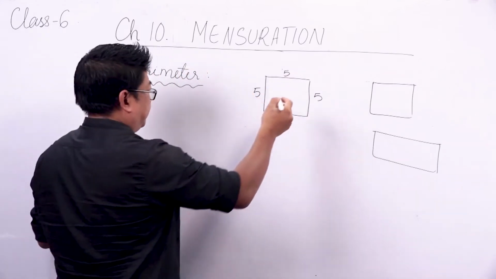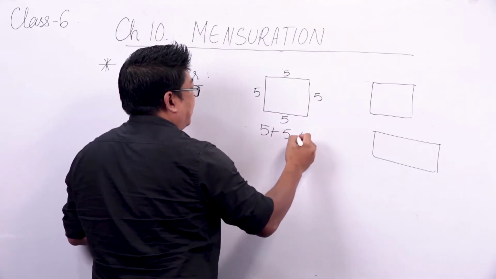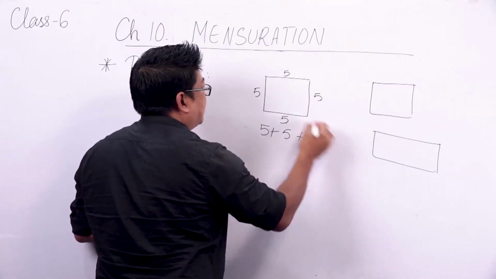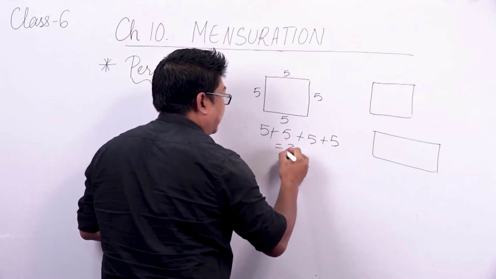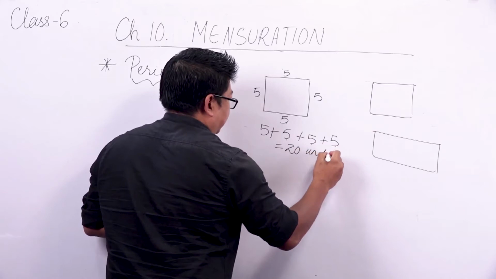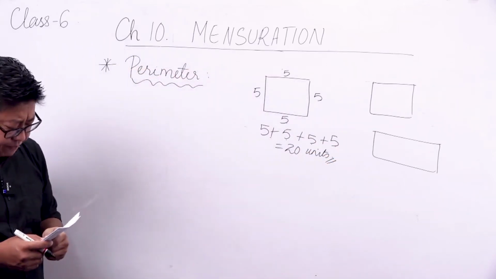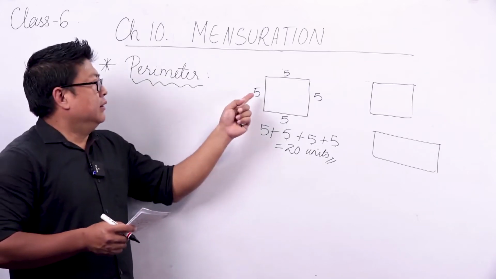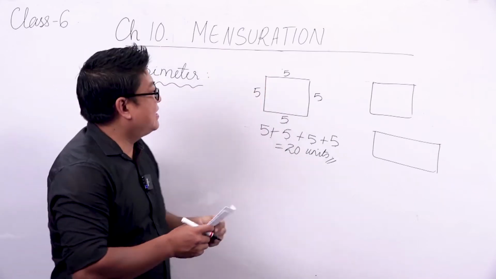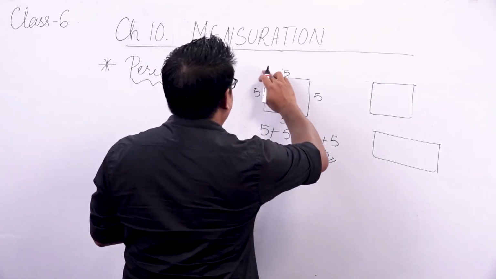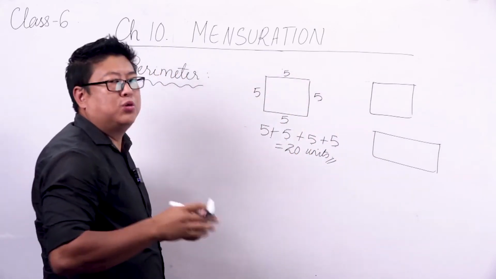It just means 5 plus 5 plus 5 plus 5. So it gives you 5, 10, 15, 20 units. To understand perimeter, it simply means the distance starting from here around the boundary of any closed figure.